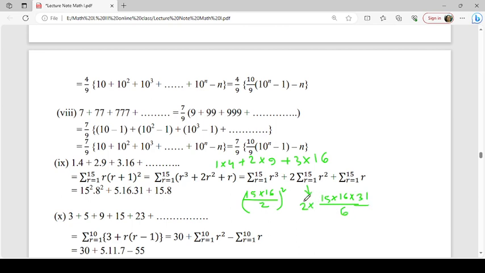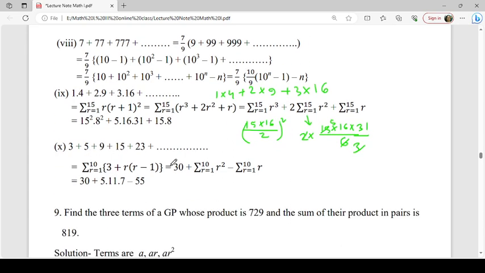So this 2 goes, this is 3, it is 5, so it is 5 into 16 into 31, and this is n into n plus 1 by 2. So that's it, we are finding this one.